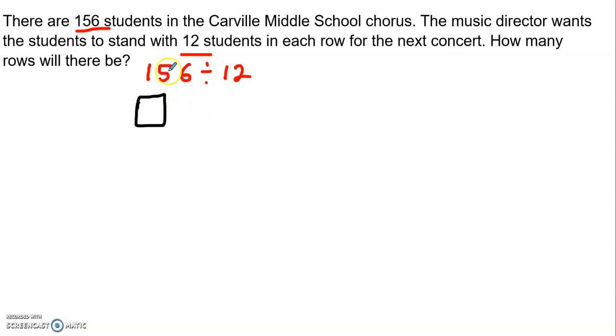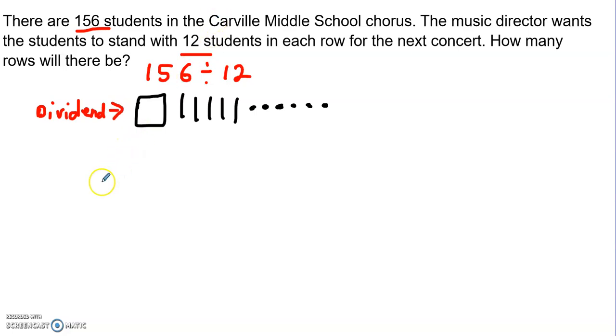We have the 5 in our tens, so we have 5 longs. And then we have 6 ones. So we have 1, 2, 3, 4, 5, 6. This just represents our dividend. We want to represent this in a picture model. So that's our first step, drawing that out.